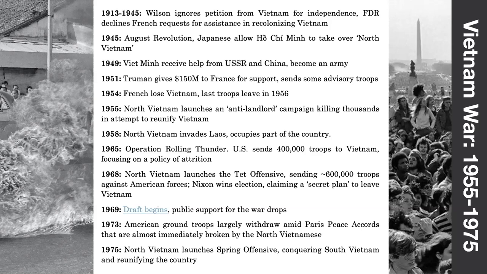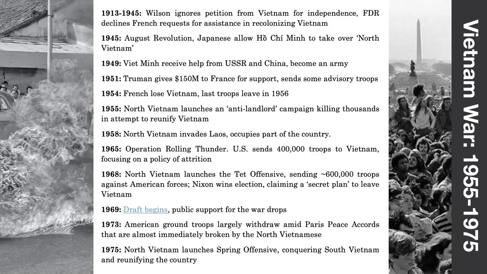So Truman, as we talked about in one of the earlier videos, had the Marshall Doctrine, which was to try to stop communism from spreading around the world. Gave money to France to support them in their imperialist ambitions, and even sent a few troops. But within a couple of years, the French lost in Vietnam.